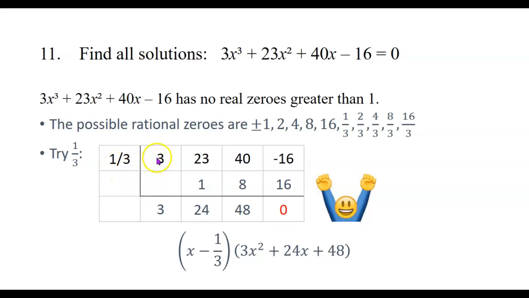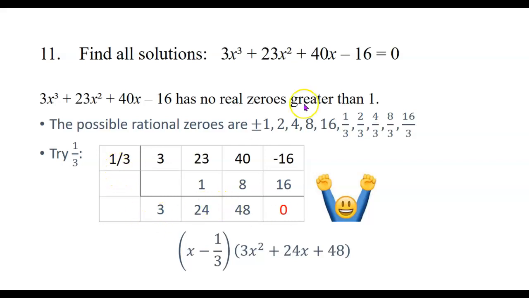Put a 1/3 out in front, bring down the 3. 1/3 times 3 is 1. 23 plus 1 is 24. 1/3 of 24 is 8. 40 plus 8 is 48. 1/3 of 48 is 16. And negative 16 plus 16 is 0. Victory. We found something that works.